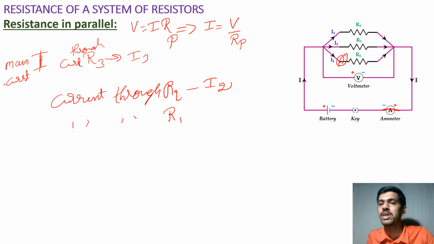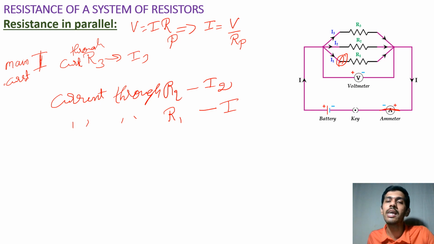When I measure the ammeter reading here, it is the current flowing through R2; when I connect it at R1, it is the current flowing through R1; when I connect it through R3, it is the current flowing through R3. So I will get different values of current.